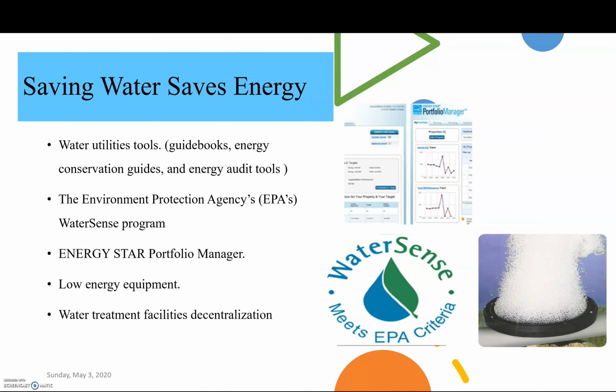Water treatment facility decentralization has been used as a strategy for improving energy efficiency in the urban water cycle, which requires less pumping and shorter pipes. That contributes to less energy used in the system as compared to the centralized system, and also lower cost.